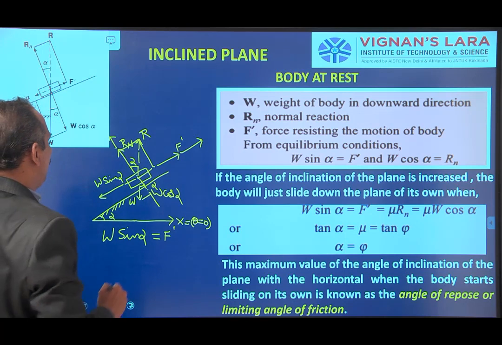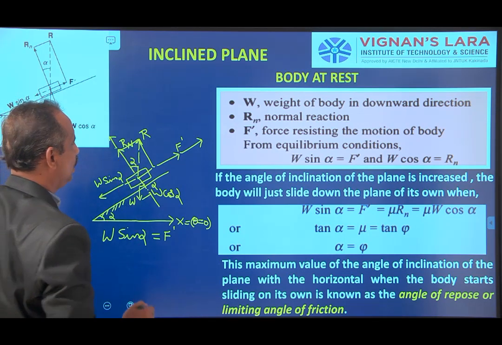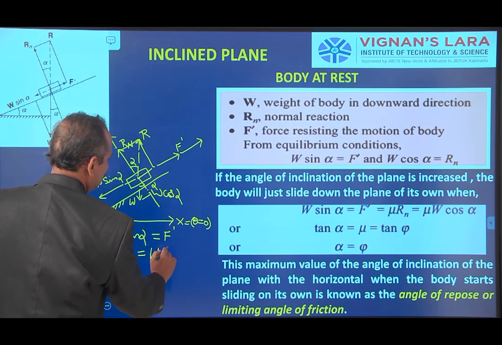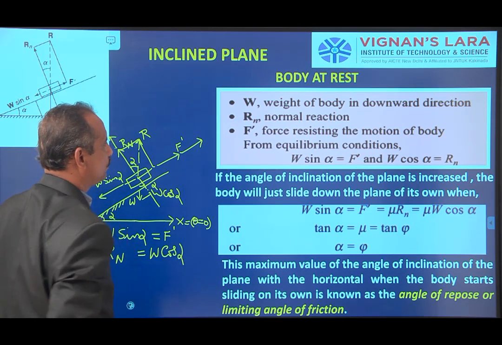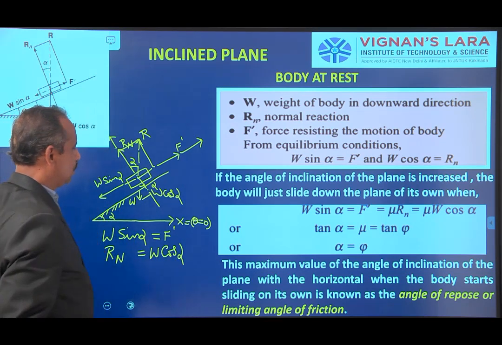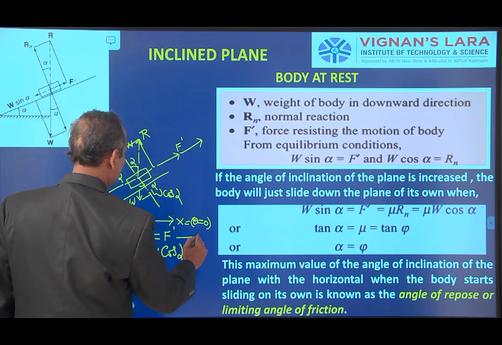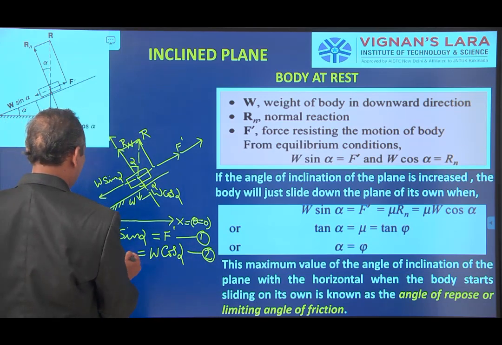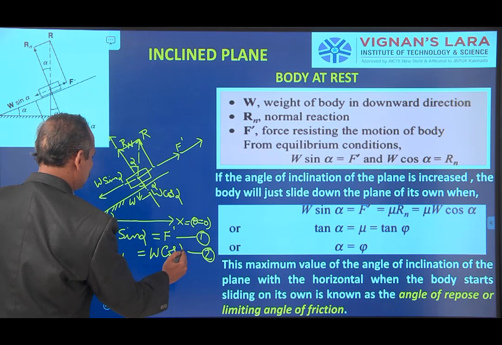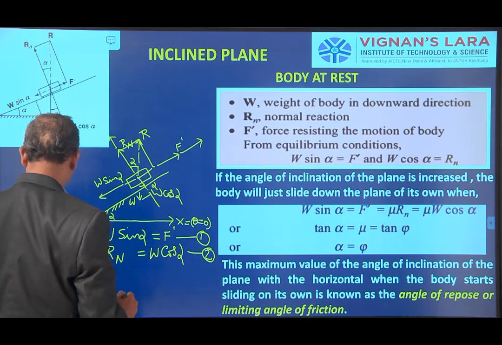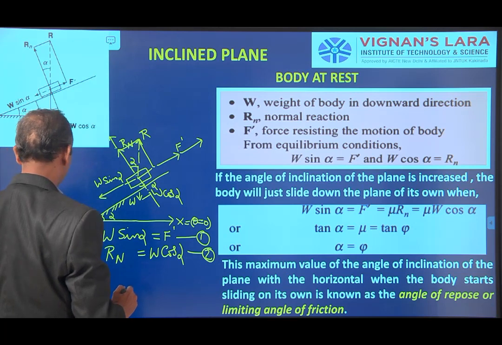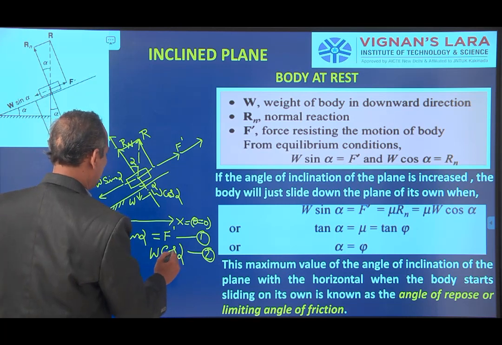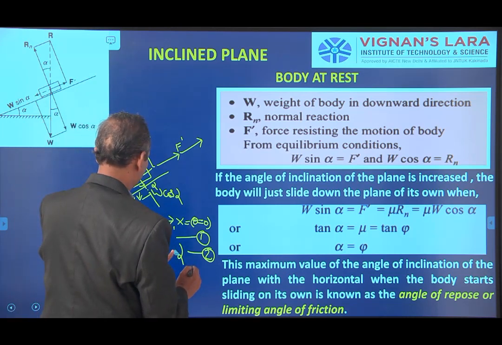And what about this component, Rn? W cos alpha is equal to Rn. Say this is equation number 1 and this is equation number 2. So W cos alpha is equal to Rn.